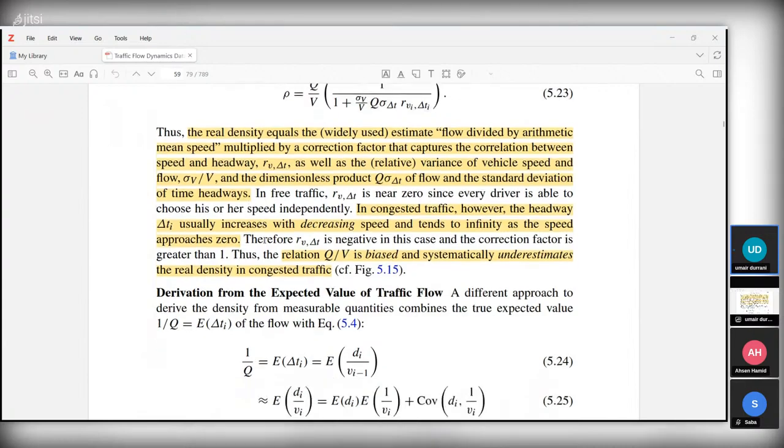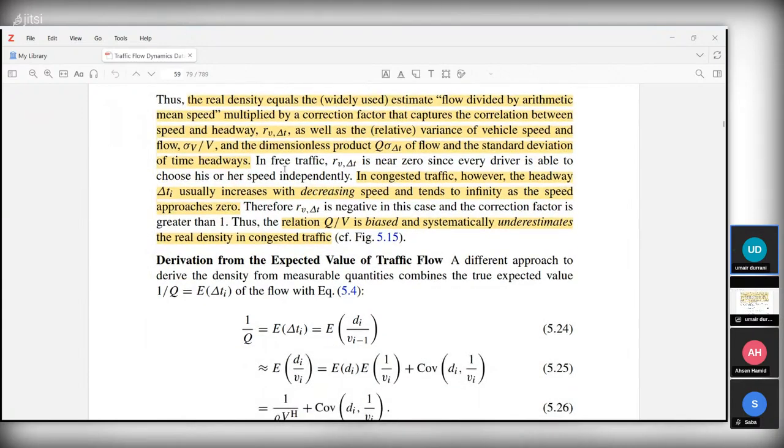Now here's the explanation on the free traffic. In free traffic, the linear correlation R is near zero since every driver is able to choose his or her speed independently.